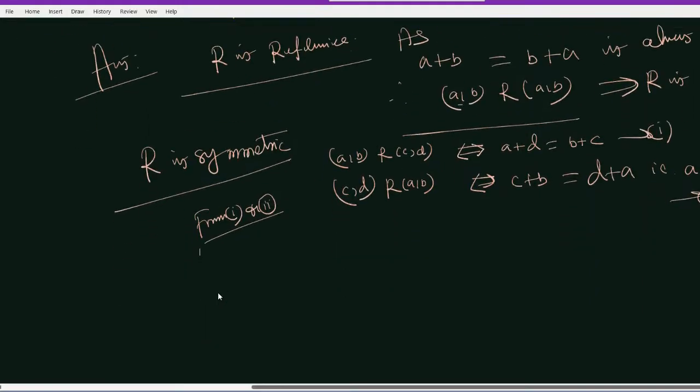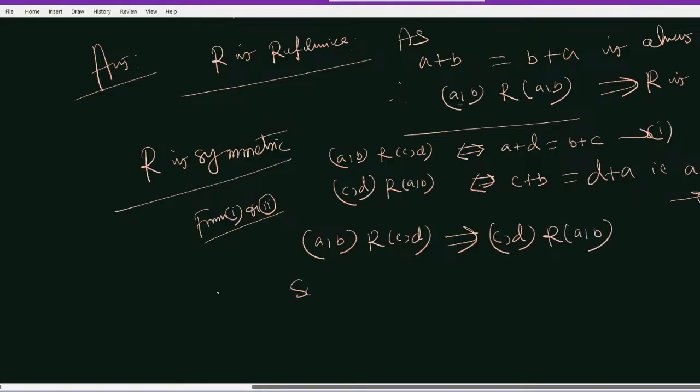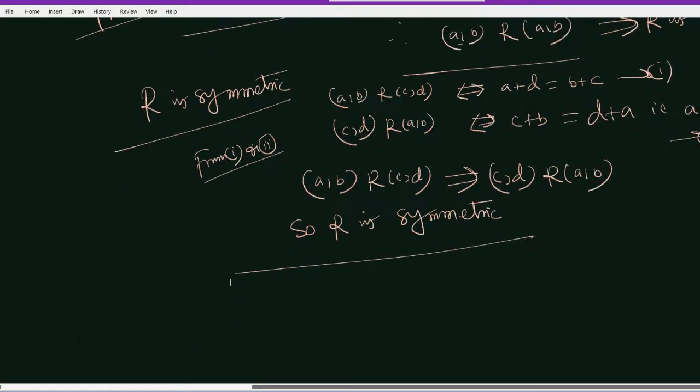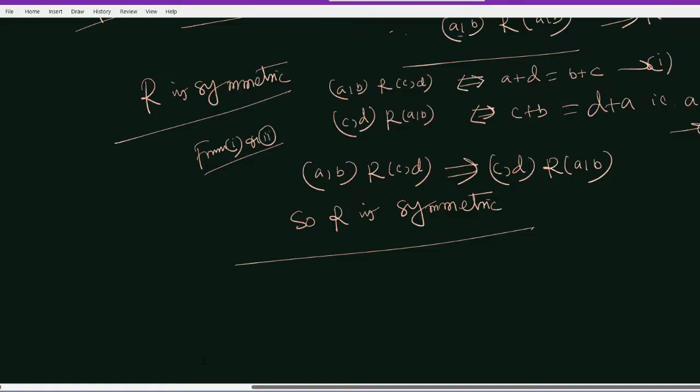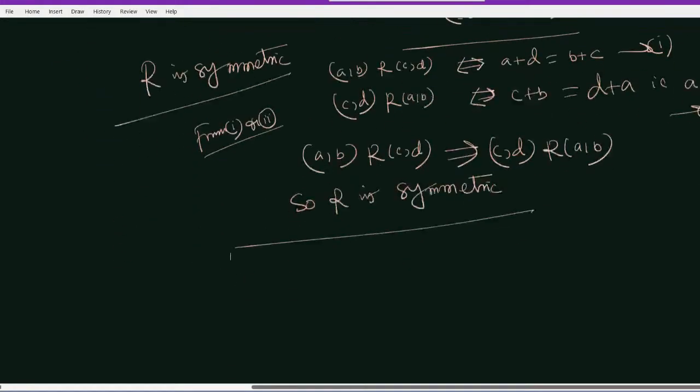From 1 and 2, R is symmetric. Okay? Clear? Understood? R is symmetric.